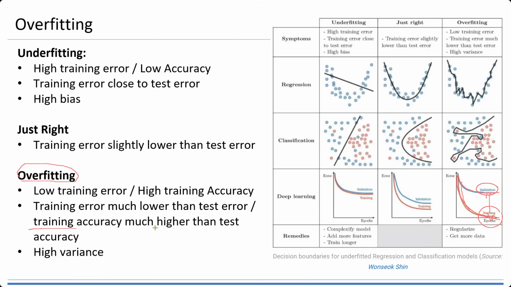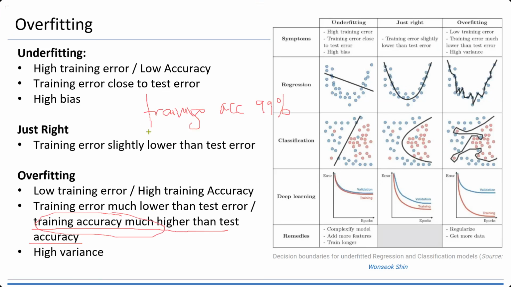Or if we look at the accuracy, the training accuracy is much higher than the test accuracy. So on the training data, maybe the training accuracy is 99%, but the testing accuracy is 60%.